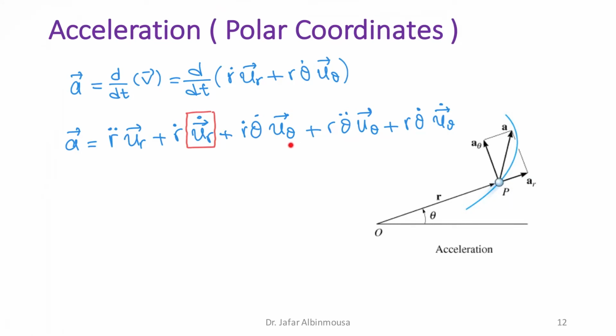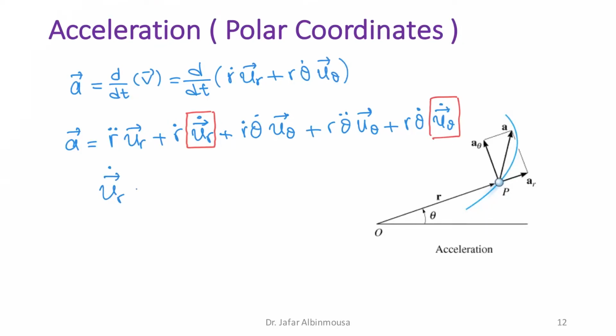This is the unit vector u theta, the transverse direction. This is r, the position. This is the angular acceleration, theta double dot, and this one is u theta, the transverse unit vector. And this is r the position, this is the angular velocity, and again here we have a time derivative of another unit vector.